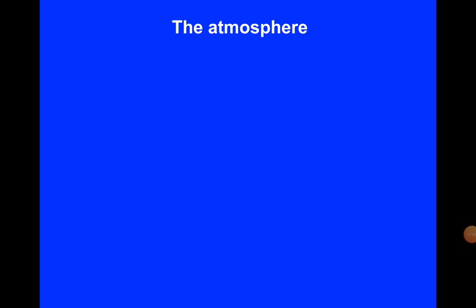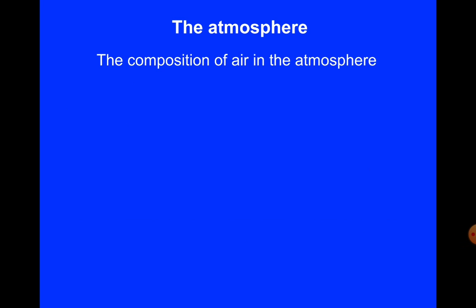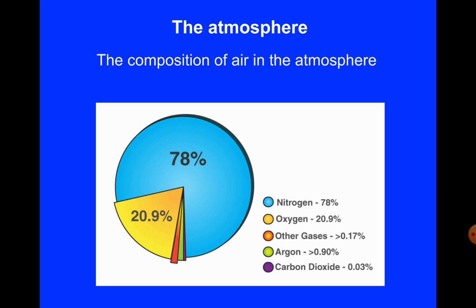Okay, let us look at the atmosphere. Let us look at the composition of air in the atmosphere. The most abundant is about 78% nitrogen. We have 20.9% of oxygen. Some other gases like helium, ozone, etc., a little bit more than 0.17%.